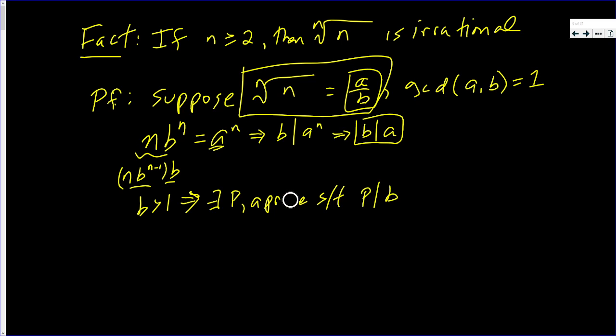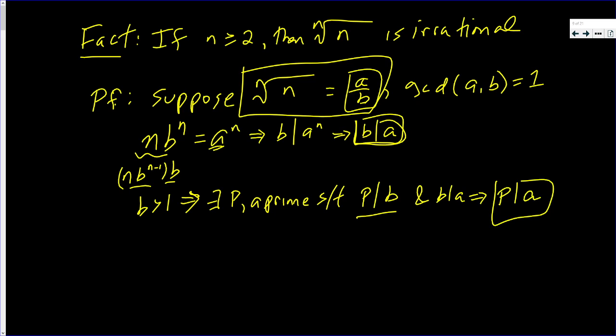Every integer bigger than 1 has a prime divisor. It may be b itself. Okay, now p divides b, and b divides a. That implies p divides a.